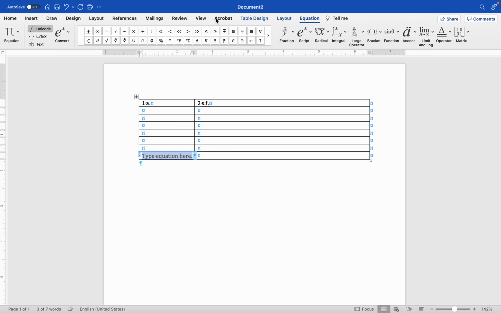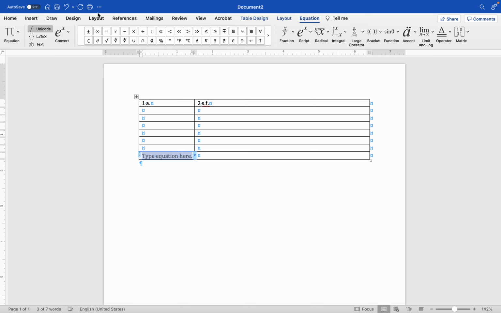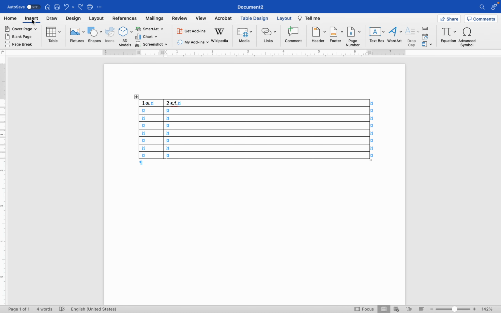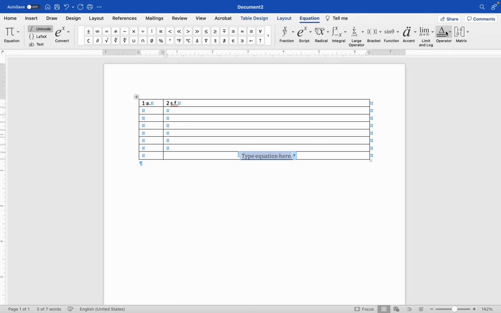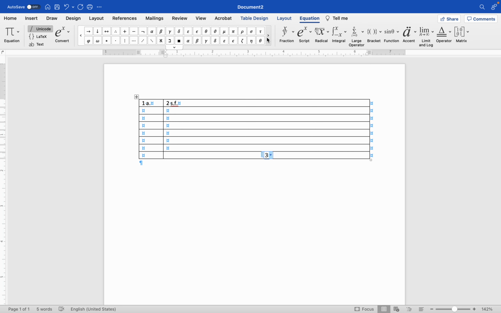Again, let me undo and insert again. This is the equation tool, and let's say I want to write 3 pi, to show you something different. Pi is here.